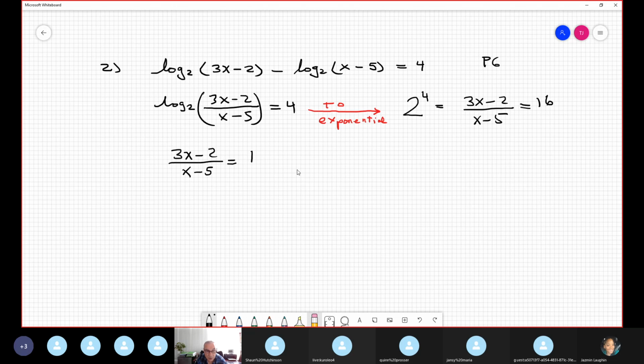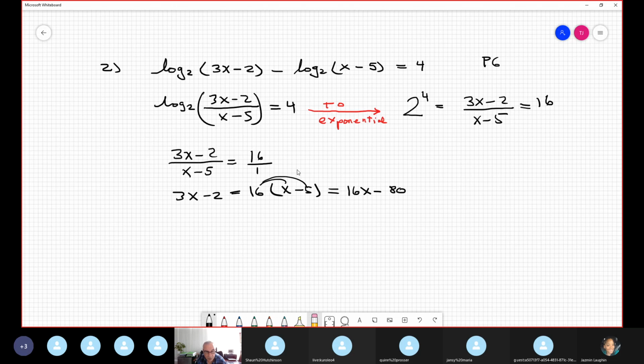It's a linear equation, obviously. The only thing you should do is apply cross multiplication: 3x minus 2 equals 16 times (x minus 5). And you apply the distributive property: 16x minus 80, 16 times 5. Now, solve for x.